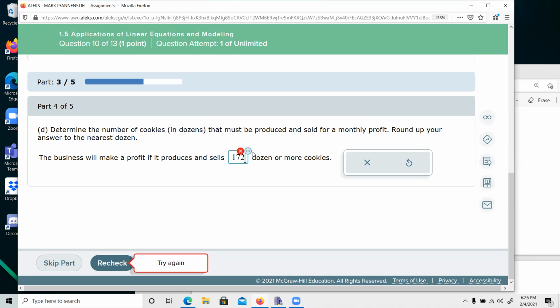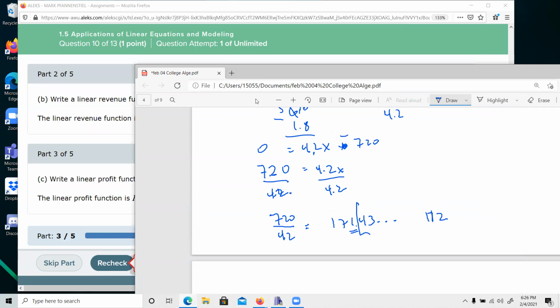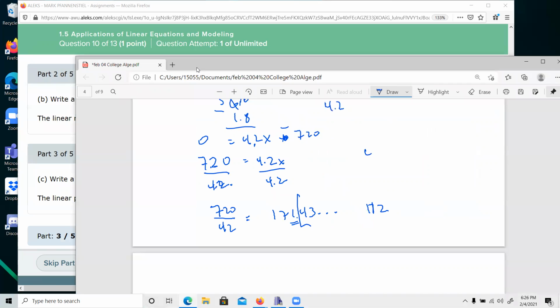Oh, this is wrong. What did I mess up? It's 740, not 720. How many times am I going to make this mistake? So we're going to divide that: 740 over 4.2 equals.